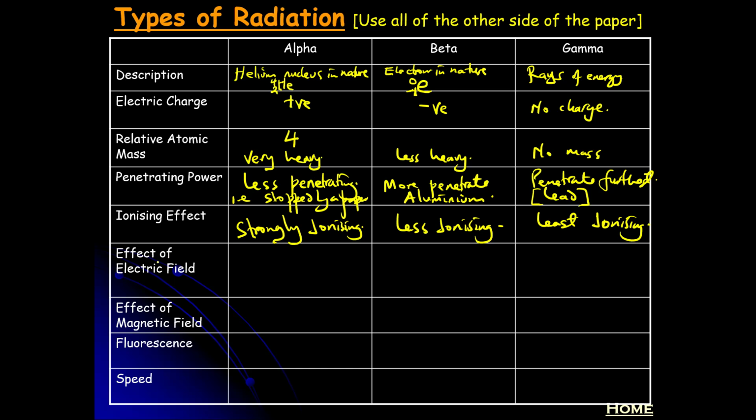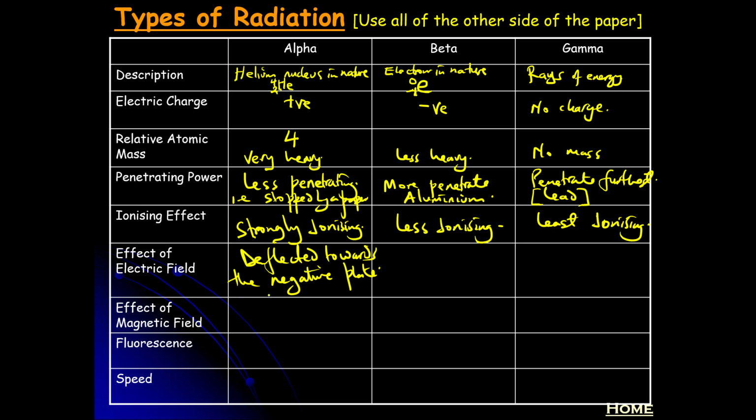Then effect of an electric field. Alpha particles are positively charged. In case you pass an alpha particle through an electric field, they are deflected towards the negative plate.